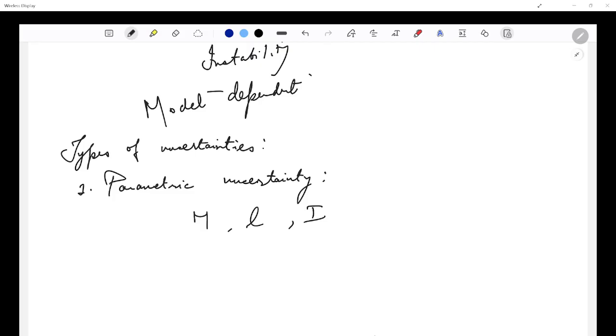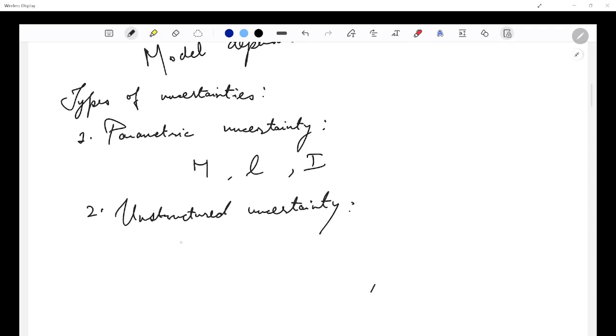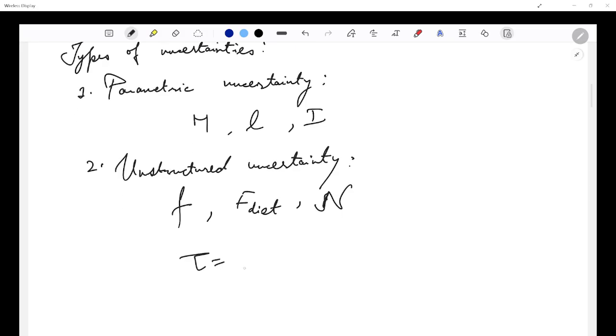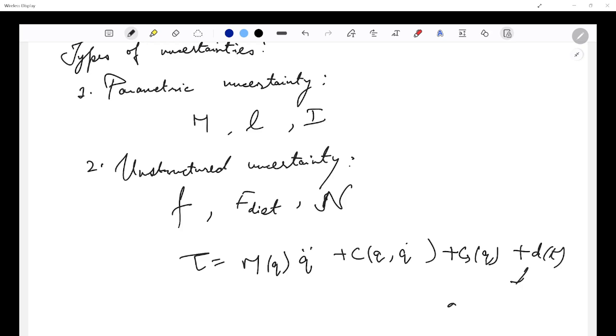The second is unstructured uncertainty. Your friction is unknown, your external disturbances are unknown, your noise is unknown. So your equation becomes torque is M(q) q double dot plus C(q, q dot) plus G(q) plus d(t), where d(t) is some disturbance term.